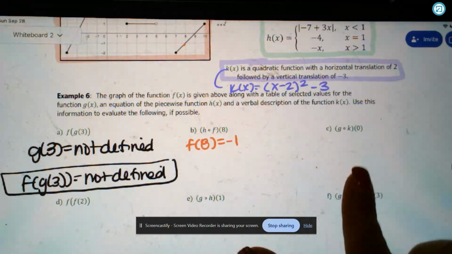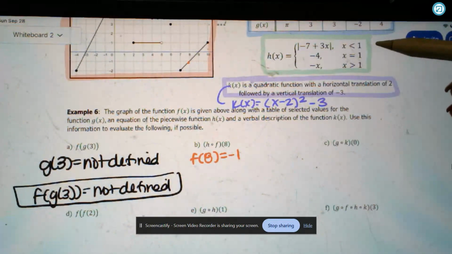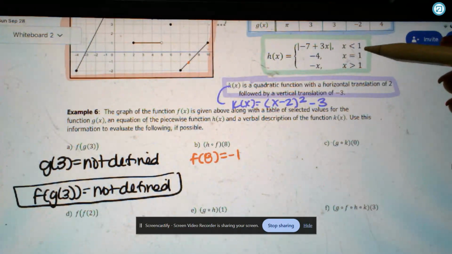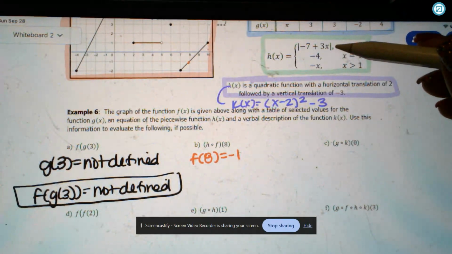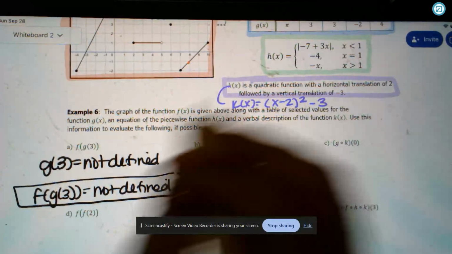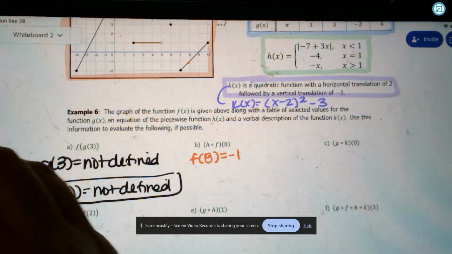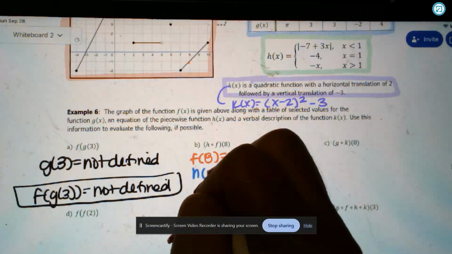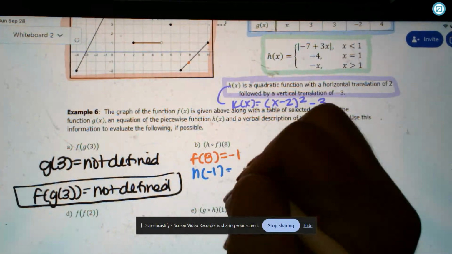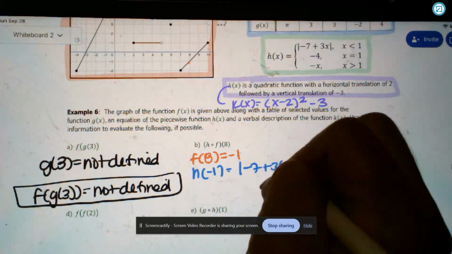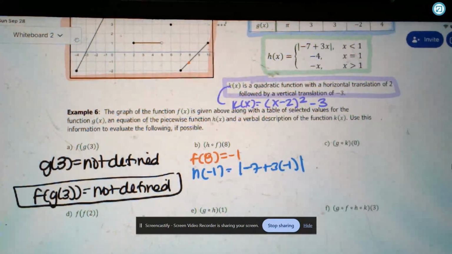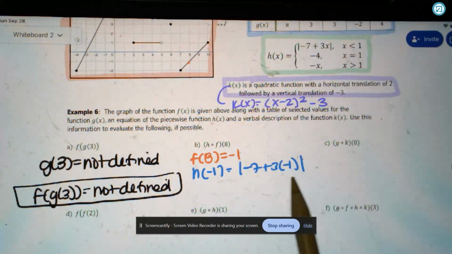So h is this piecewise function. -1 falls in the category of less than 1, so we're going to use the top equation. So h of -1 is the absolute value of -7 plus 3 times -1. 3 times -1 is -3. -7 minus 3 is -10.